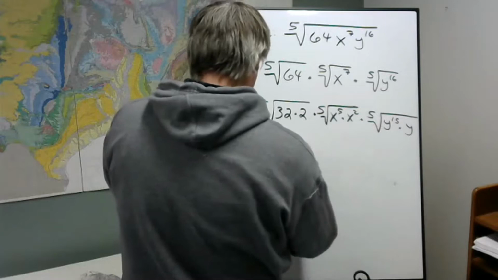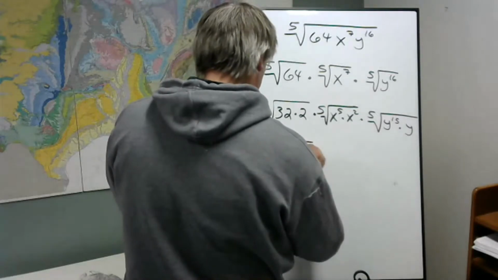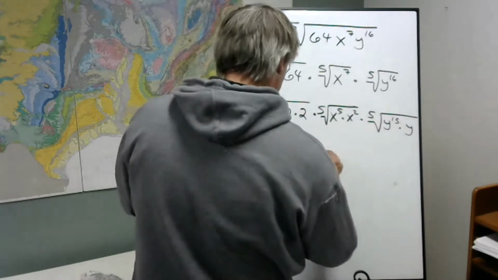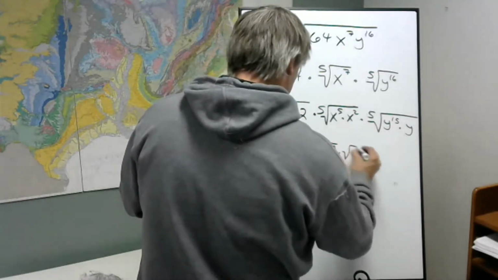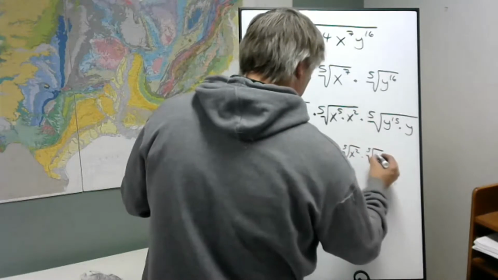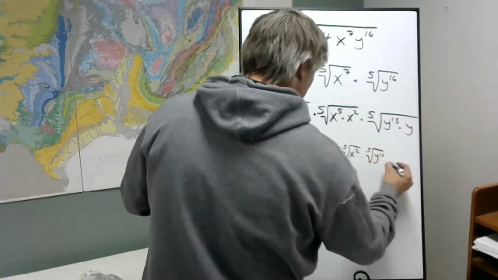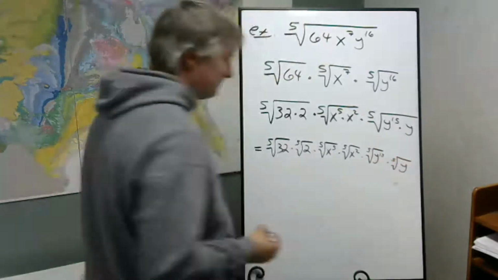So we'll get the fifth root of 32 times the fifth root of 2 times the fifth root of x to the fifth times the fifth root of x squared times the fifth root of y to the 15 times the fifth root of y.